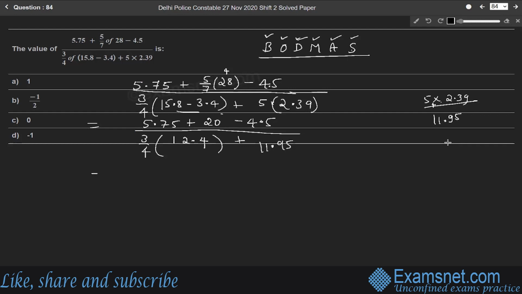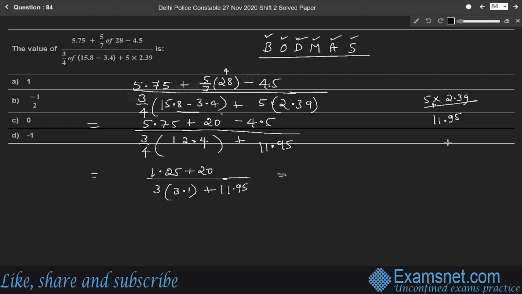Which is equal to 5.75 minus 4.5, which is 1.25, plus 20, divided by 3 by 4 of 12.4, which is 3 into 3.1, plus 11.95.